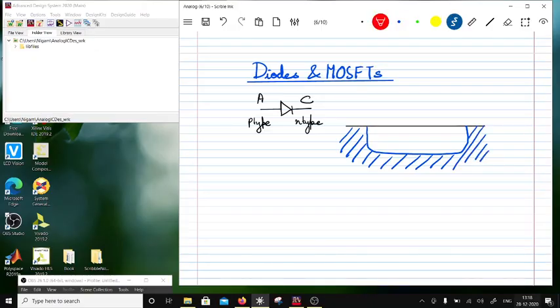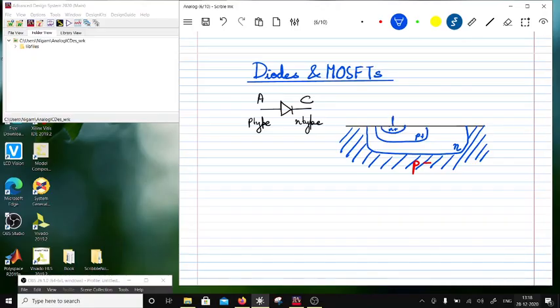This is the N-well, and inside this, this is going to be N. Then you are going to have a P plus, and then you can have N plus.